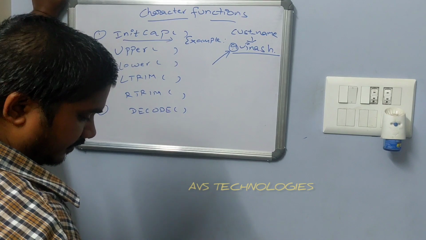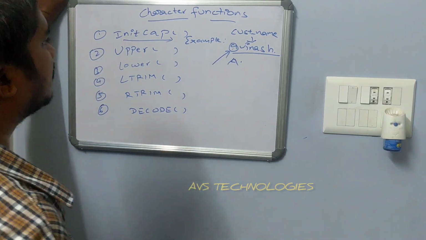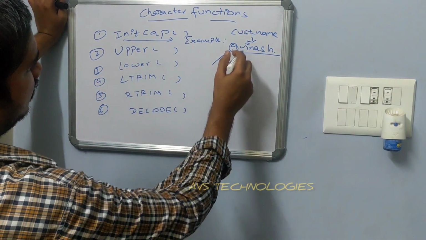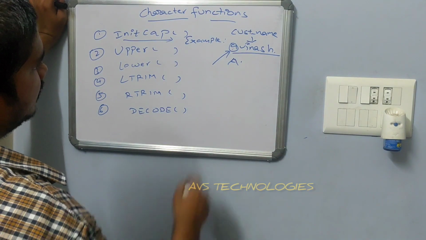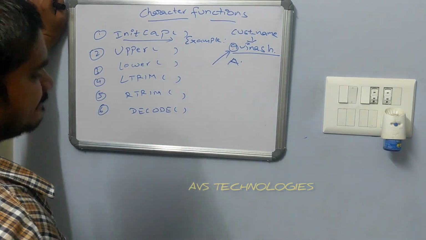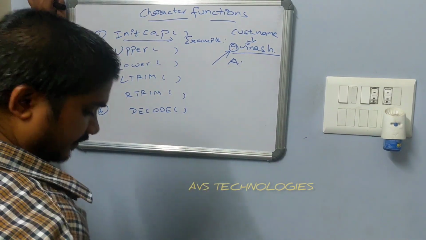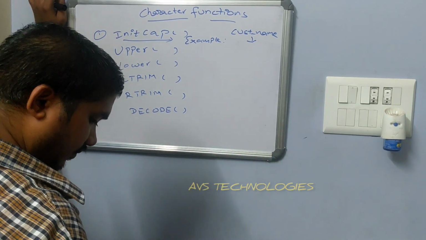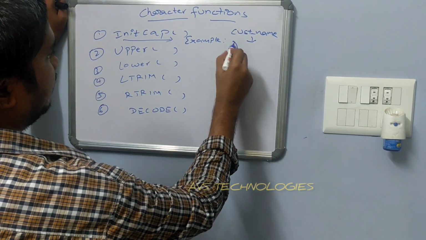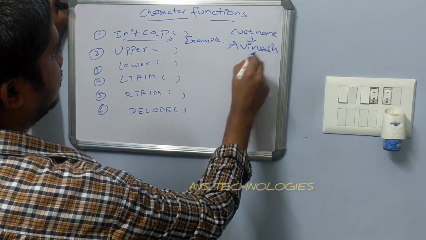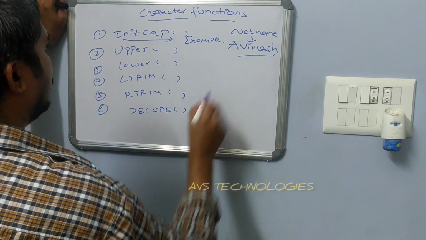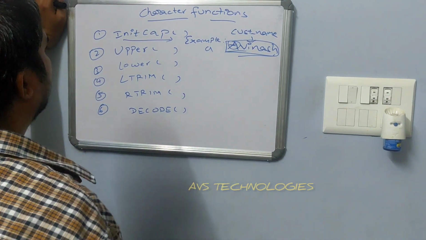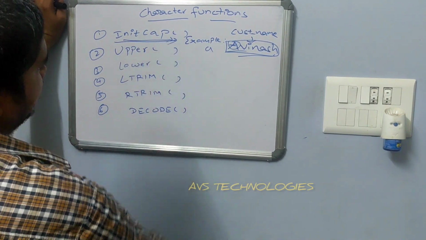The small letter a will become capital A. This is what initcap does. Before, the a was a small a, now it becomes capital A, and we use the initcap function for it.